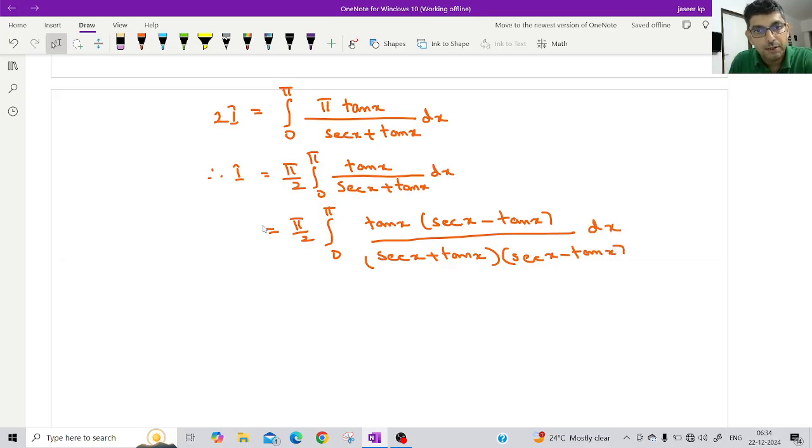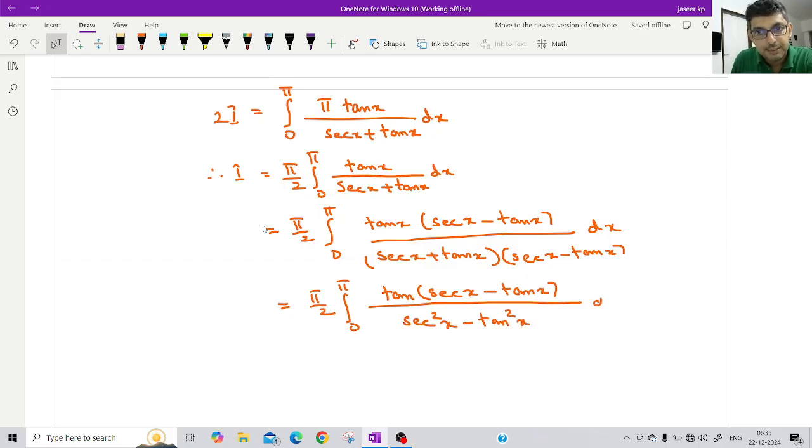So now denominator will become, again we'll write this, tan x (secant x minus tan x), denominator will become secant square x minus tan square x dx.